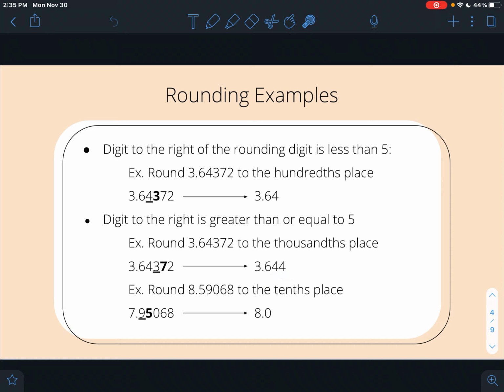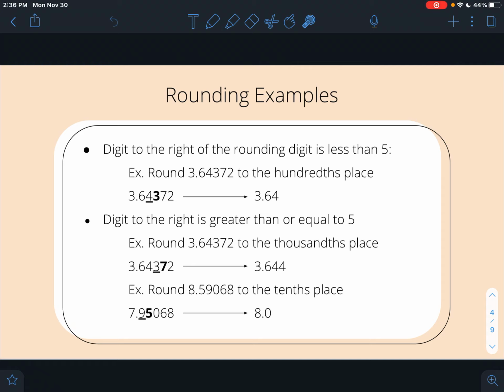Now let's look at an example where the rounding digit is 9. We're given the number 7.95068. And we're asked to round it to the tenths place. The tenths place is where 9 is. So 9 is the rounding digit. Since the digit to its right is 5, we need to add 1 to 9.